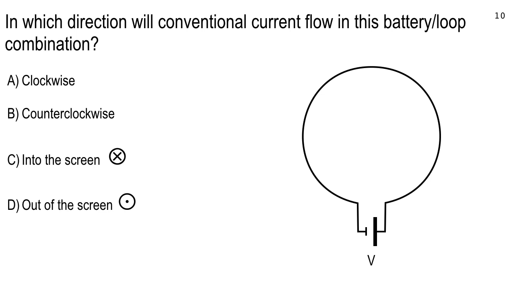Fifteen seconds. 10, 9, 8, 7, 6, 5, 4, 3, 2, 1, 0. 188 people just voted. That's great. And you're geniuses, because yes, it's counterclockwise, from the positive back around to the negative side. 85% of you got that right.